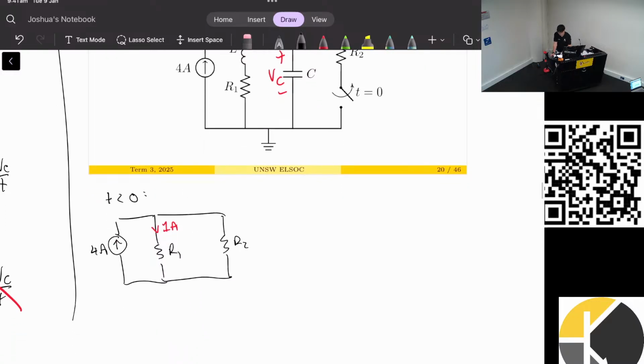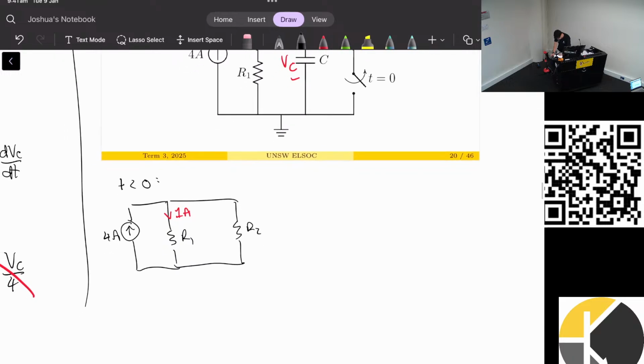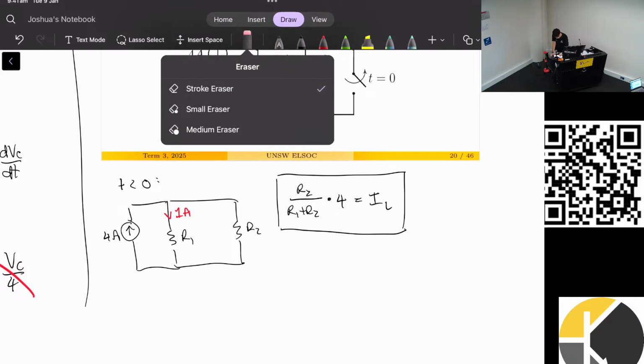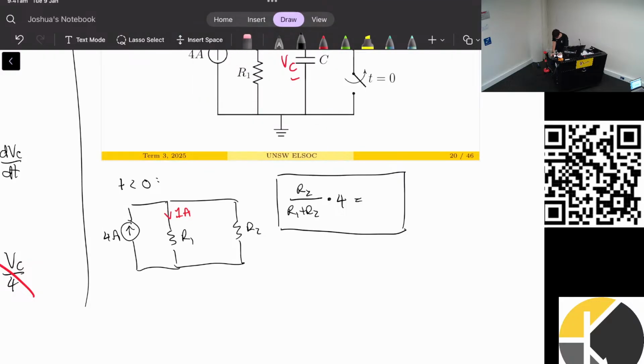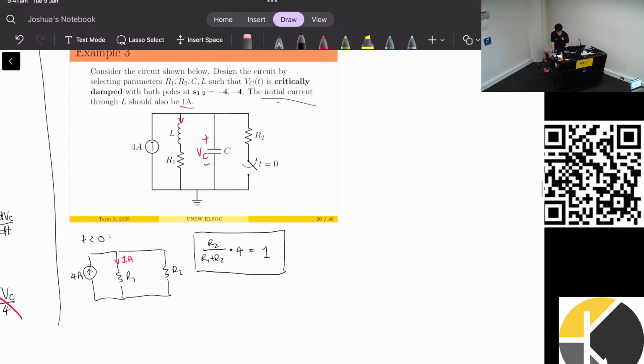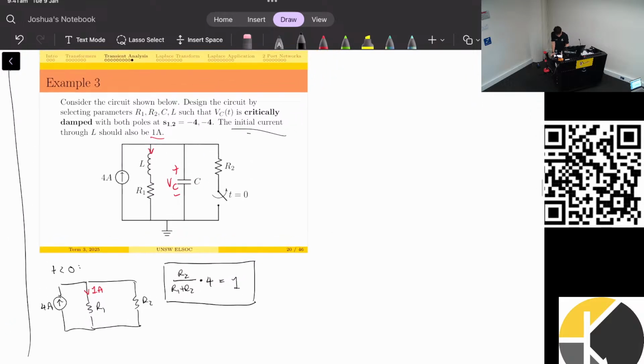There are 2 parallel branches, and the current through R1 will be given by R2 on R1 plus R2 times 4. So this is the current through the inductor, which is currently shorted. This is one of our equations, and I'll replace this IL with 1 because that's what we want it to be. So that's one equation that we'll keep holding on to while we get the other equations out of the way.